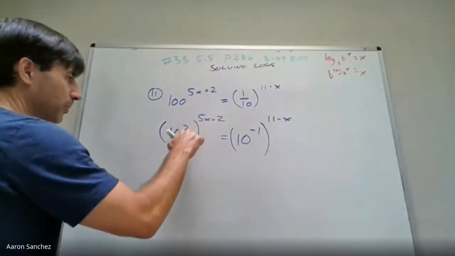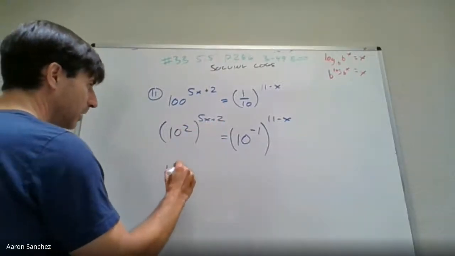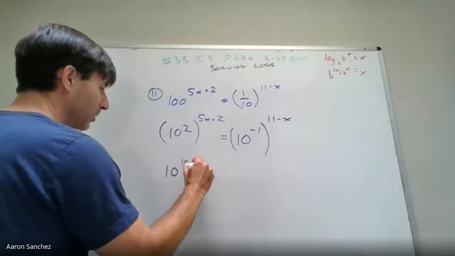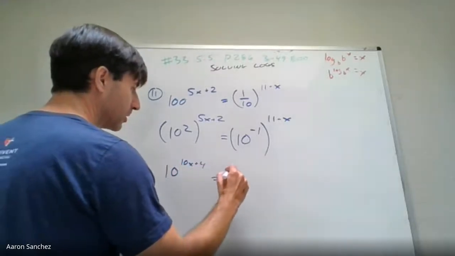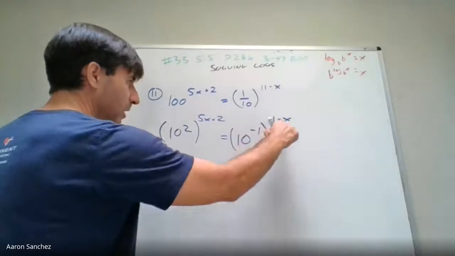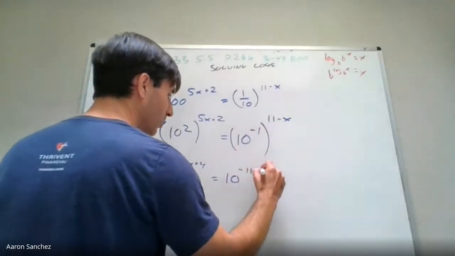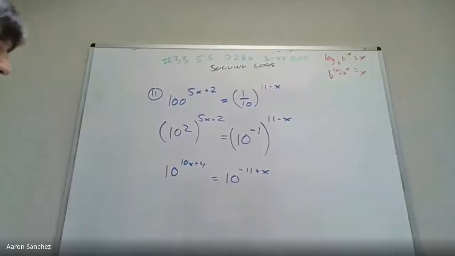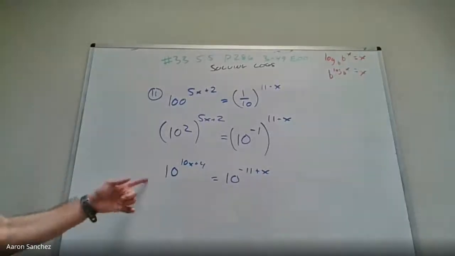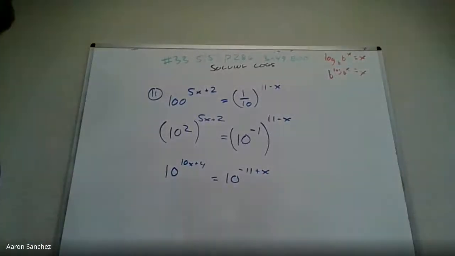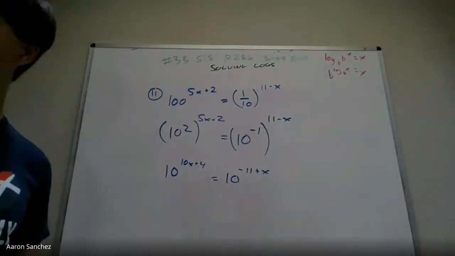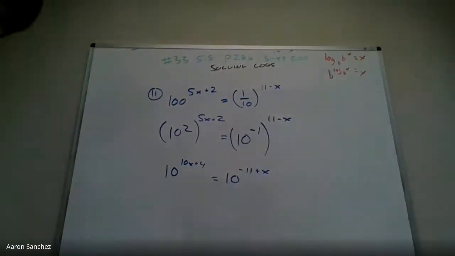Now I have to multiply these. 10 to the 10x plus 4 equals 10 to the -1 times this, which is -11 plus x. Any questions on that step that I did there, going from here to here? So once you raise it, then you just multiply and get those exponents all together.